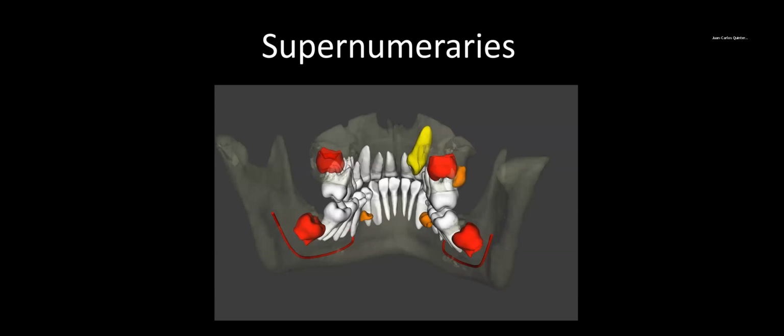We talked about the great value of segmentation for patients that have ectopic teeth or supernumerary teeth, right? So really what it comes down to is on these cases, would you rather know, would you rather guess?